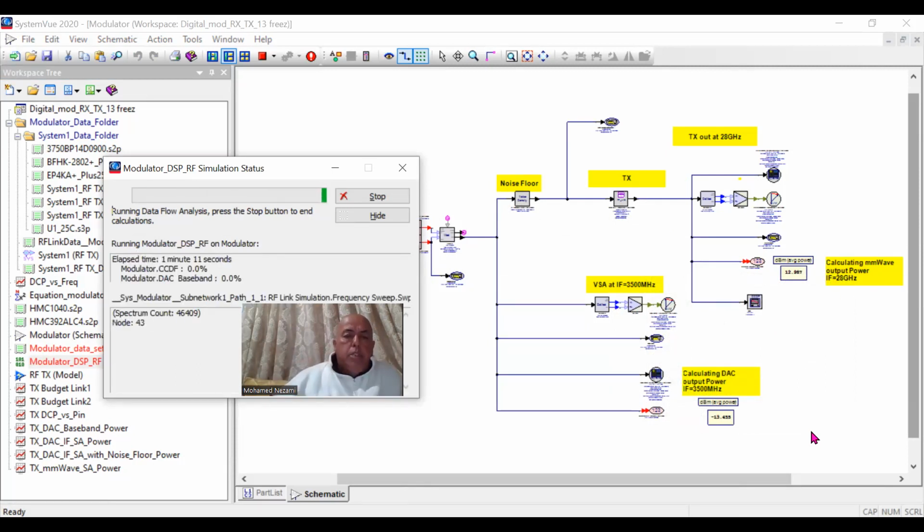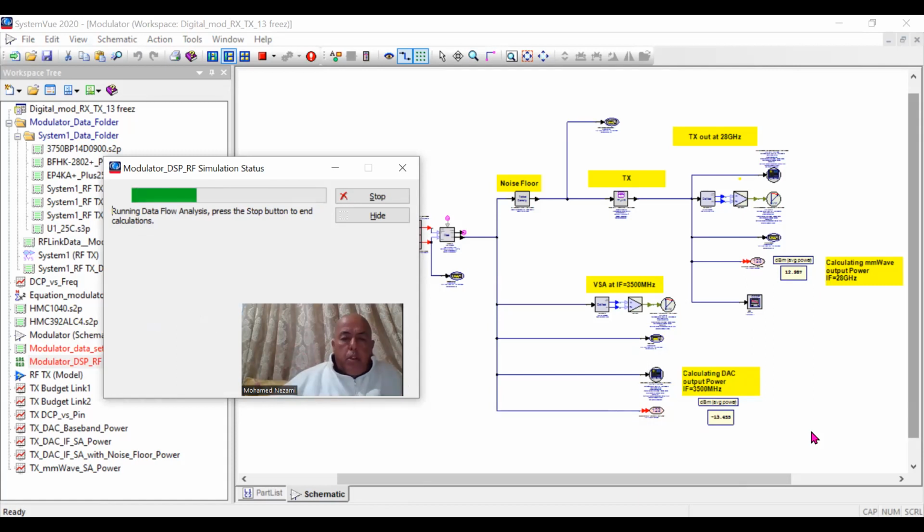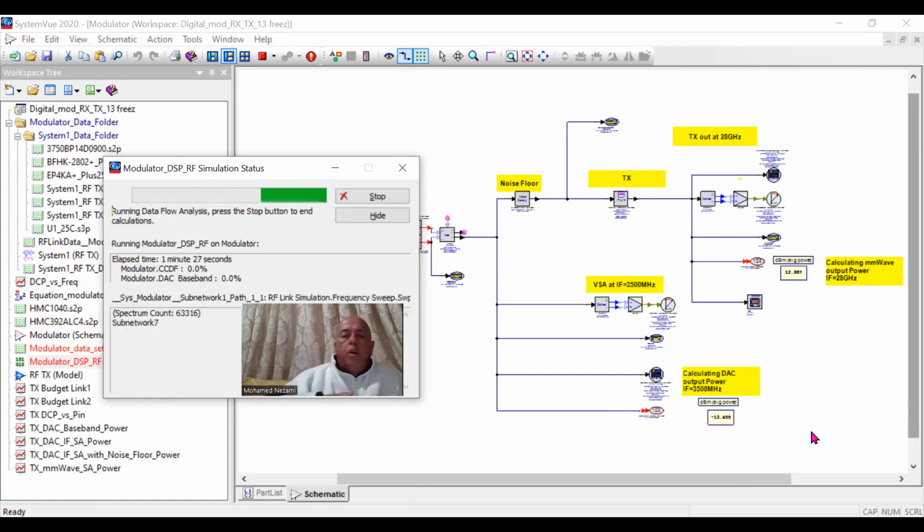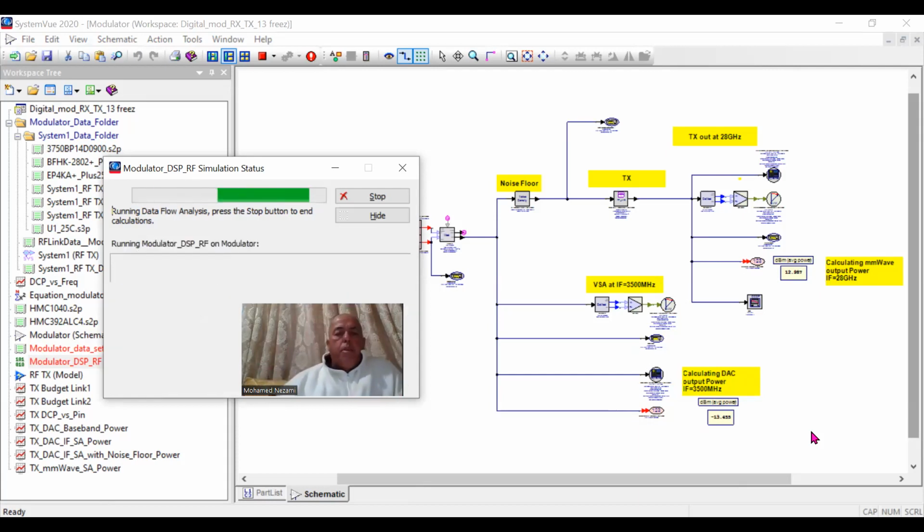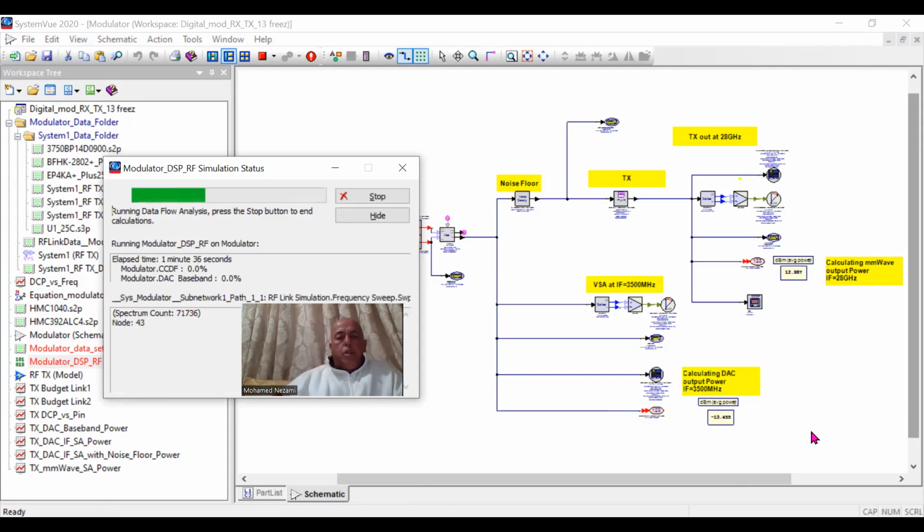This has to be done for 16 channels because we have 16 beamformers, each one of them feeding 4 antennas to make up the 64 array antennas. But we don't need to run it 16 times because whatever happens once is going to happen with all of them, hopefully, with little tolerances coming from the RF and circuit implementation.